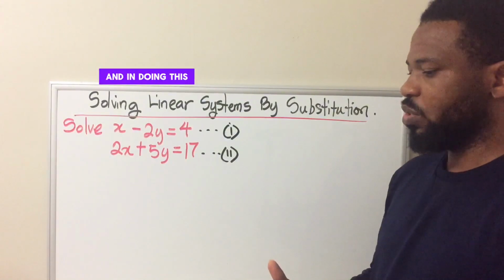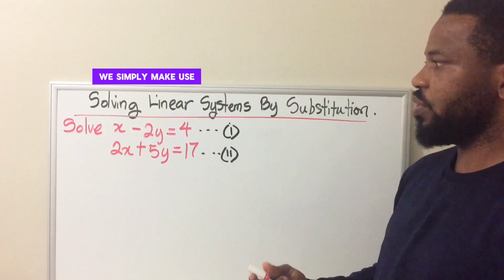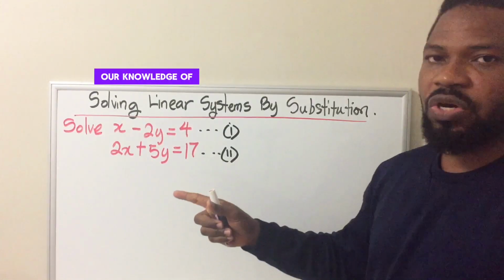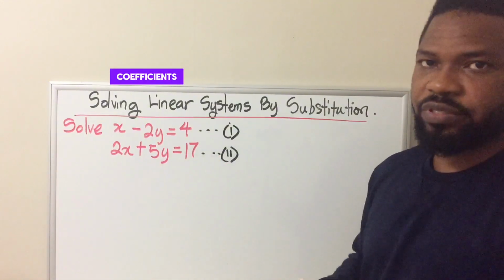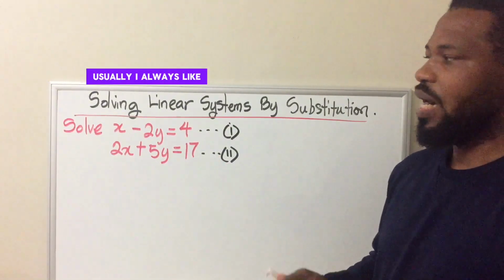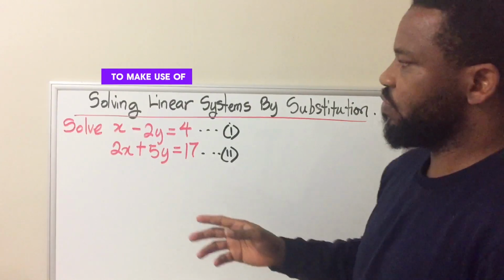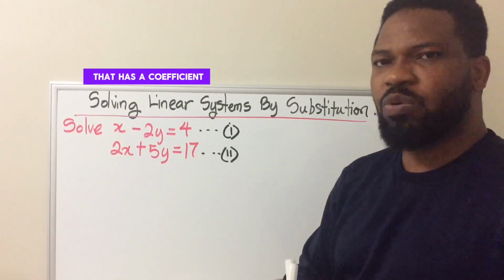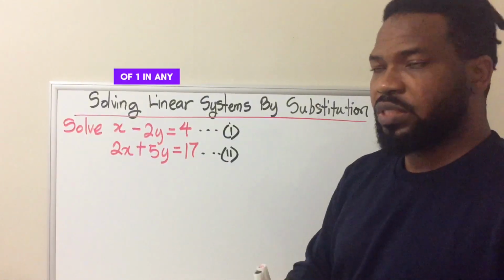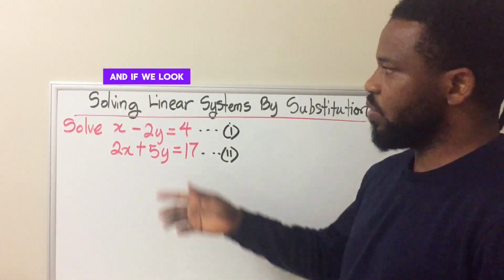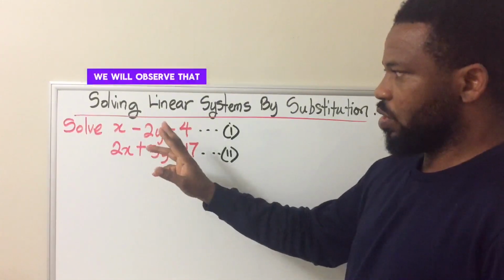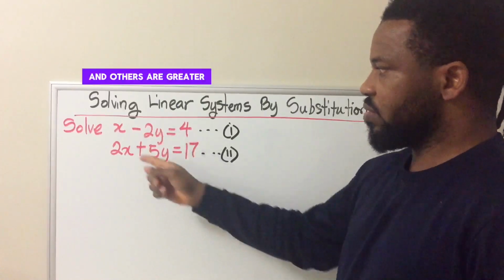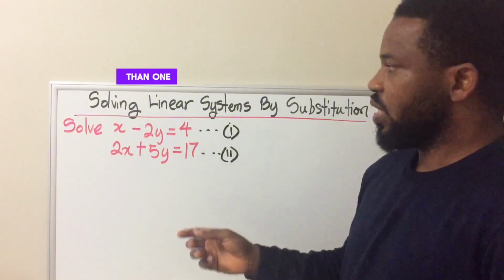And in doing this, we simply make use of our knowledge of coefficients. Usually, I always like to make use of any of the equations in the linear system that has a coefficient of 1 in any of the variables. If we look at this very well, we'll observe that the coefficient of x here is 1 and others are greater than 1.